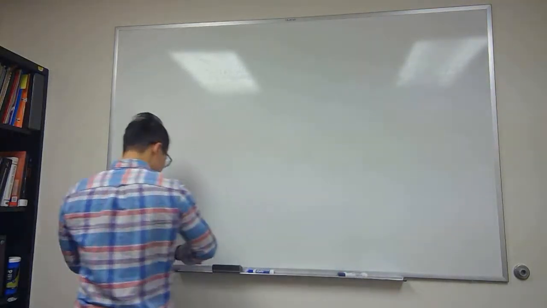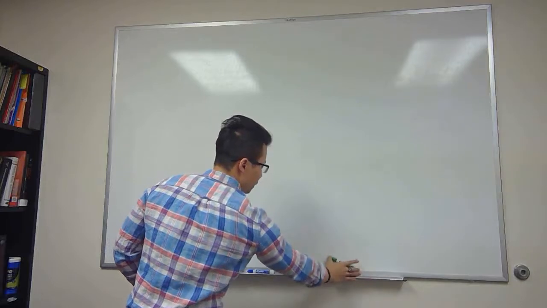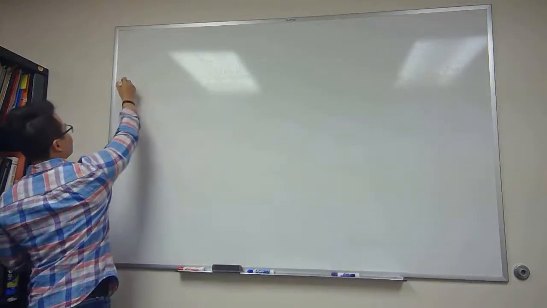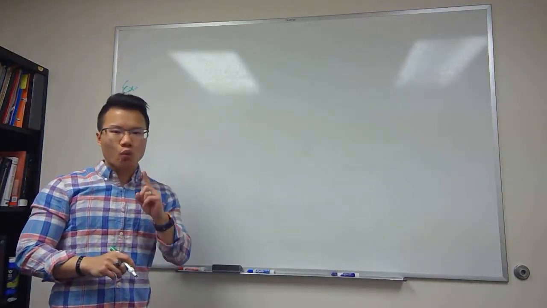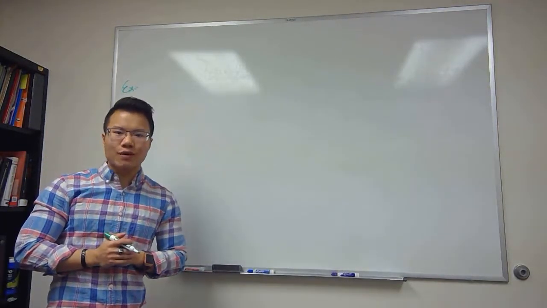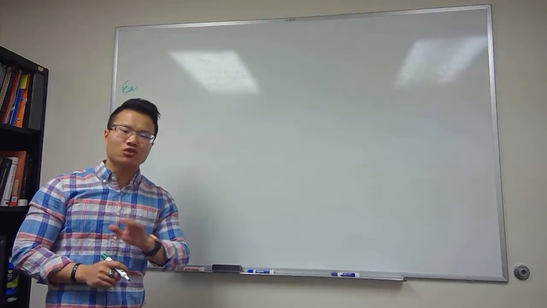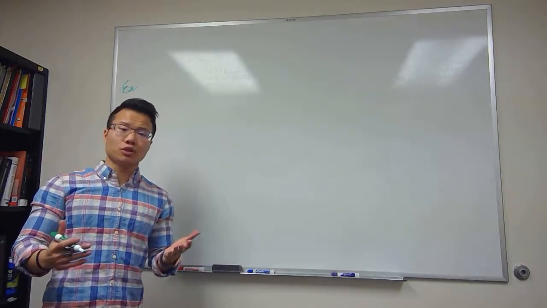So here's a new example right here. If I give you one trig function, I want you to find all the rest of the 5 trig functions. How can we do that?